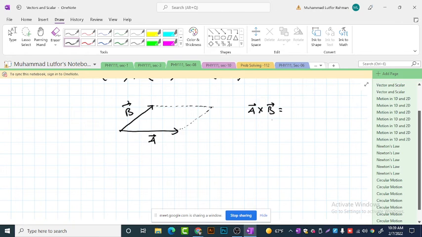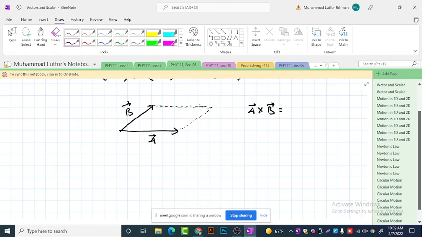Do you have any idea? Say I have a rectangle shaped region, and I express one side by the vector A and the other side by the vector B. Now if I take that A cross B, what will it give me?